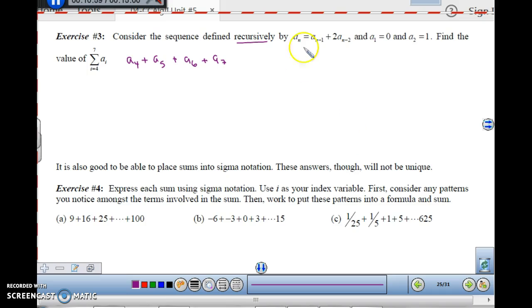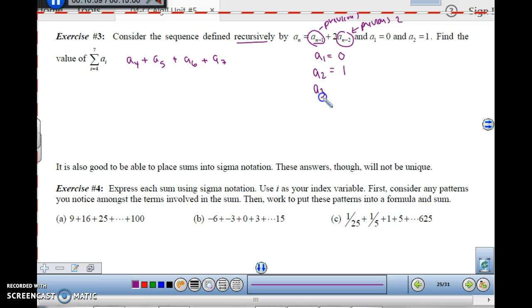All right, so in order to know a of 4, we have to know the previous term, because remember, a of n minus 1 means the previous term. And we also have to add 2 times the term 2 previous. Okay, so we know a of 1 is 0, a of 2 is equal to 1.